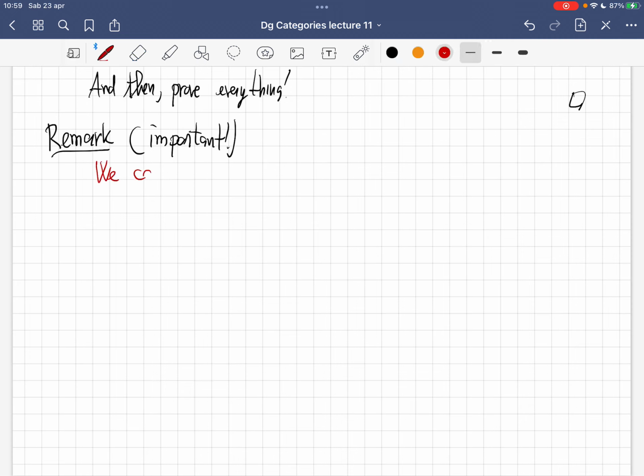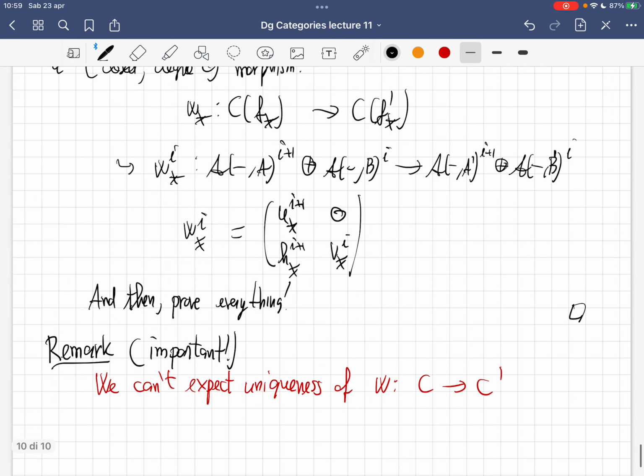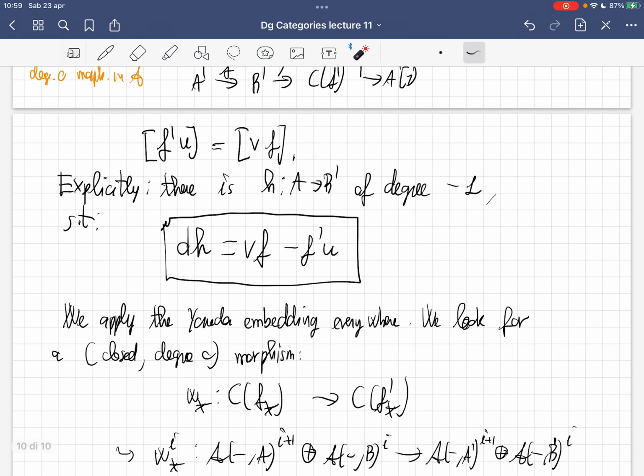Let me use some color. We can't expect uniqueness of this map, which completes the commutative square to a morphism of distinguished triangles. The point is that we made a choice in this proof.